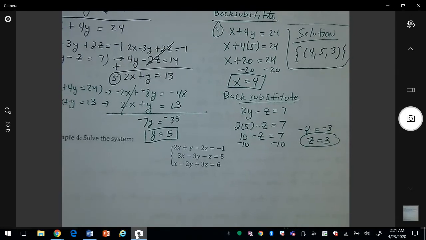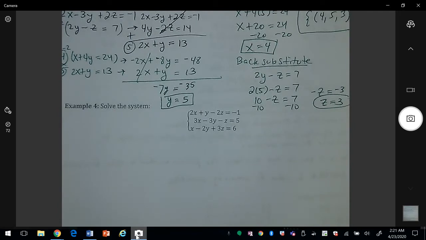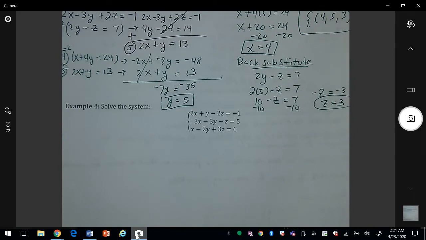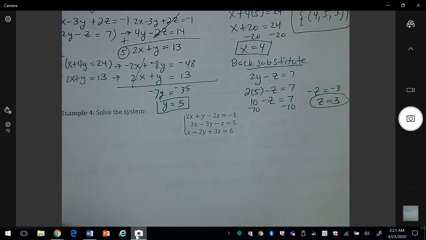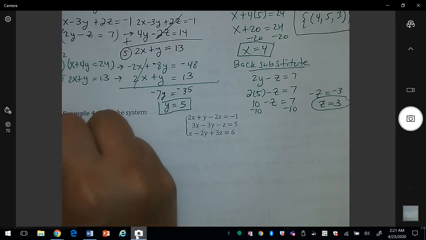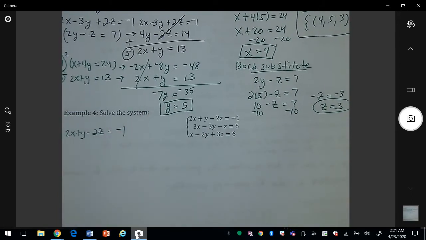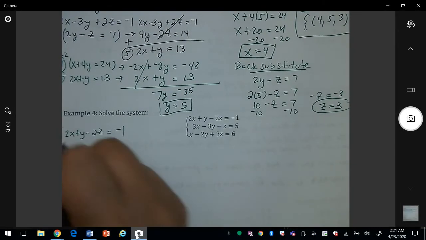Okay. Example number 4. We can start with equation 1. And we can go ahead and start with equation 2.